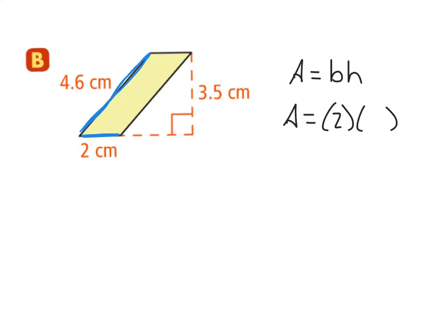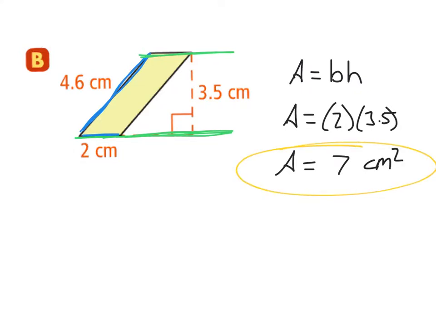Well, there's only one of those that we have the perpendicular height associated with it. We know the height of this parallelogram relative to that 2 as its base. So our height is then 3.5. So if you take 3.5 times 2, what is our area? 7 what? Square centimeters. Okay?